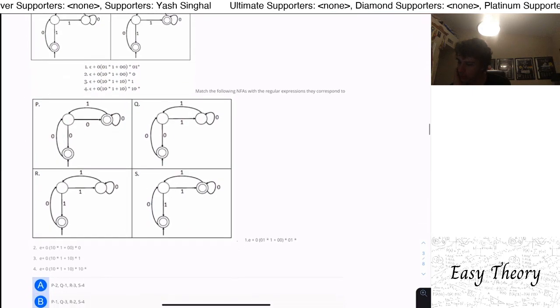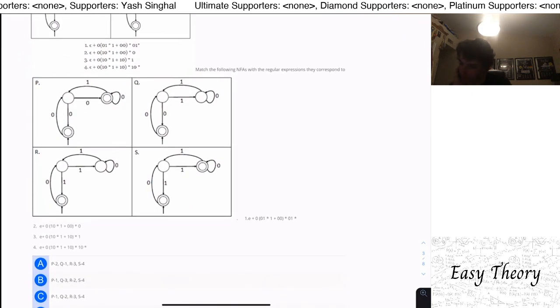I think this is the same thing twice. Where's the start state? They all have the empty string. Okay, so that doesn't help. Where does P go?